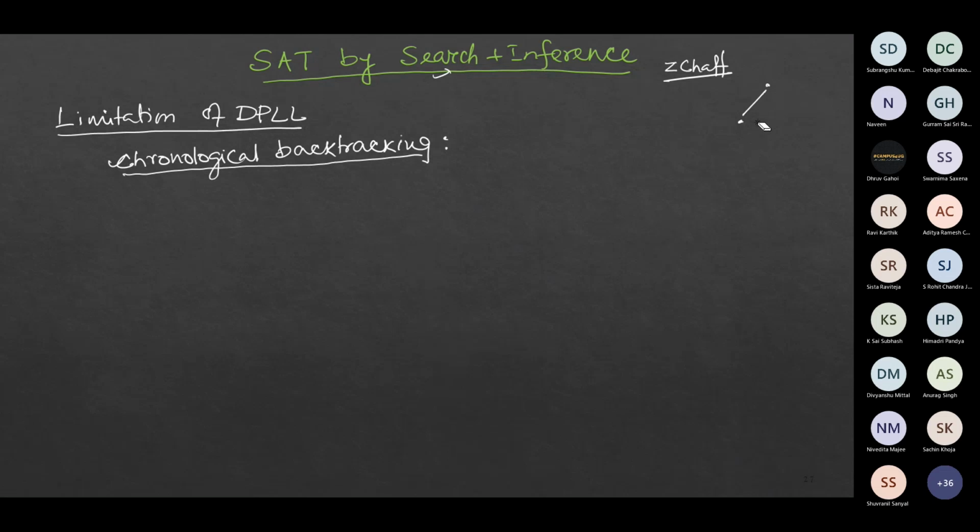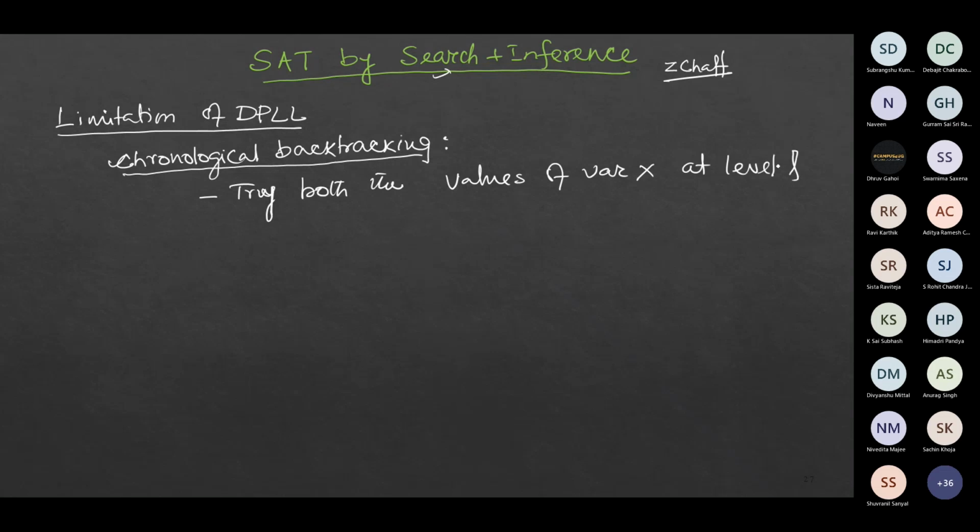So this is what we call as chronological backtracking. So what do we do there? We try in a given level for a given variable. We try both the values of variable x, right, at level L, right? And this is a kind of step where we use the recursion.